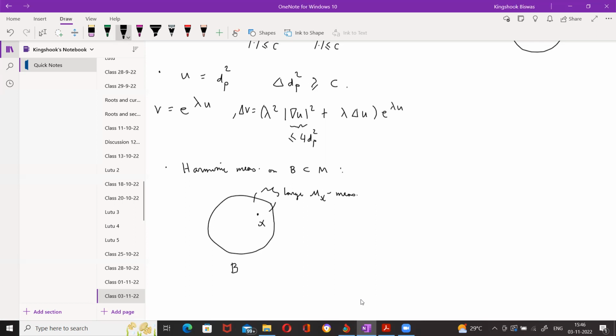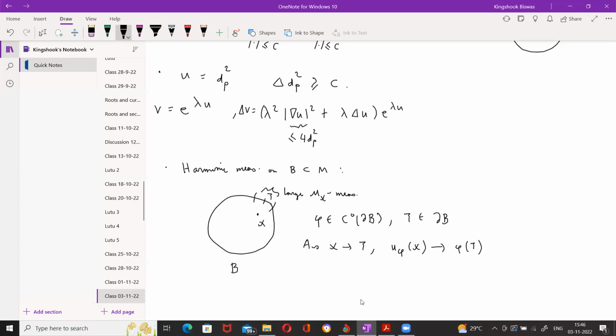In fact, if I take any continuous function phi on the boundary of B, and I take xi on the boundary of the ball, then we know that as X tends to xi, u_phi(X) converges to phi(xi). By definition, u_phi has boundary values phi.